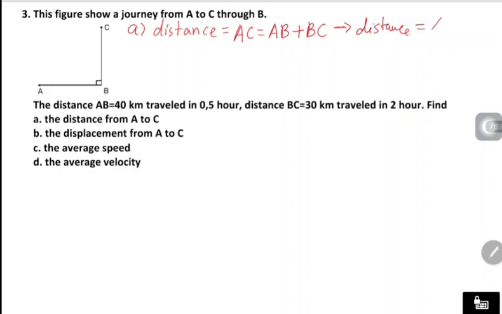AB is 40, BC is 30, and we get this value is 70 km.